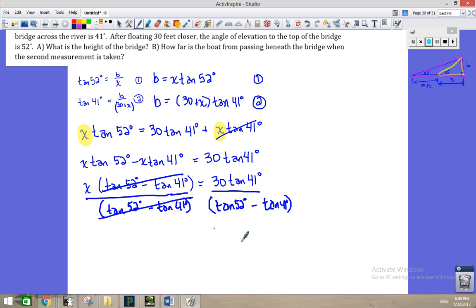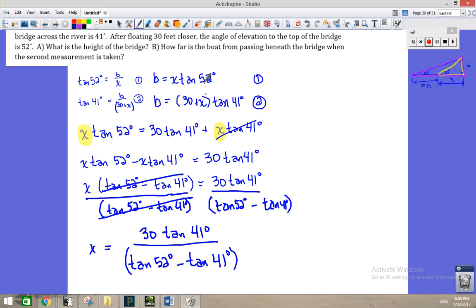Here, these factors cancel, and I have the x is 30 times the tangent of 41 degrees divided by the tangent of 52 minus the tangent of 41, and that's one of the numbers that it wanted because that represented part B, how far the boat is from underneath the bridge to get to directly beneath the bridge.